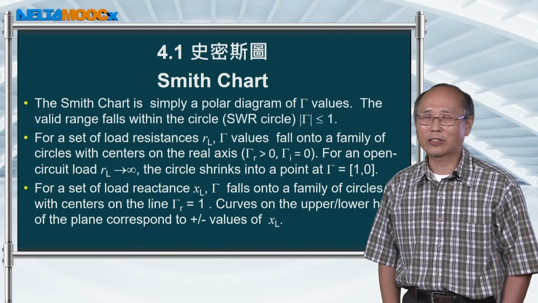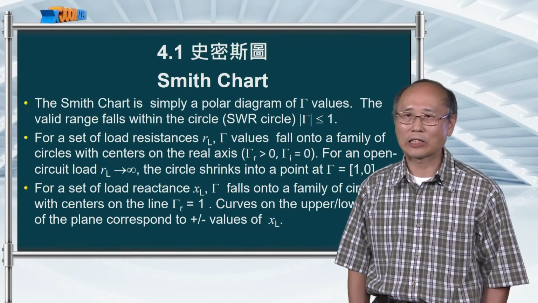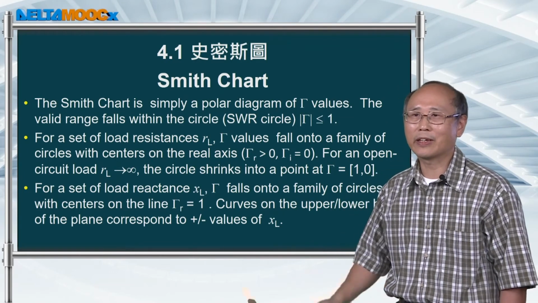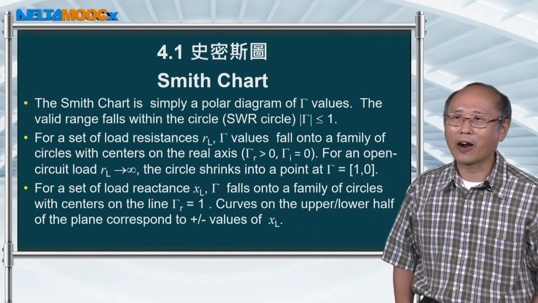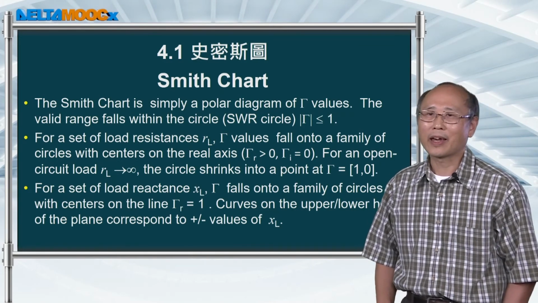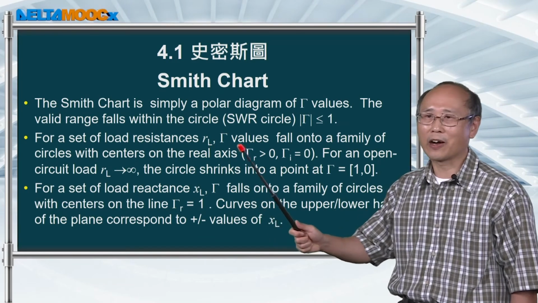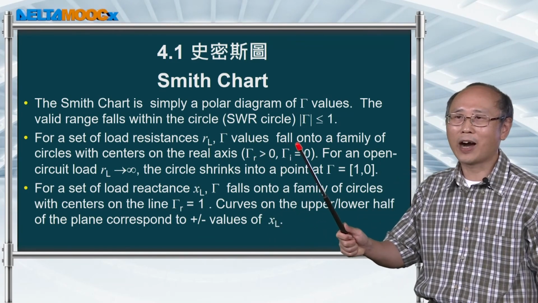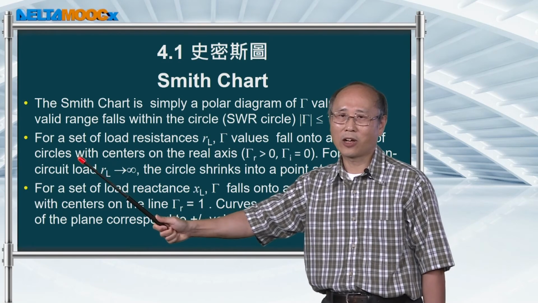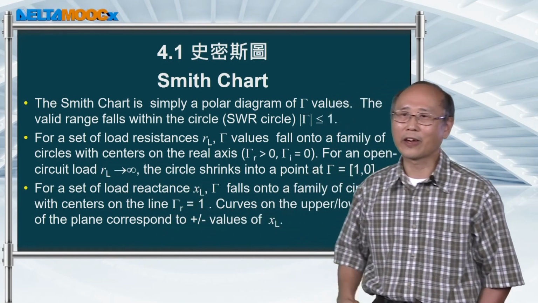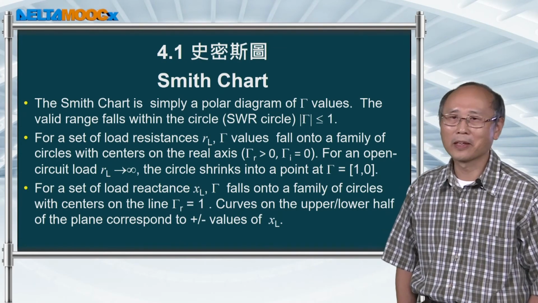So in this small section, we introduced what a Smith chart is. Basically, it's a polar diagram of gamma values subject to RL and XL. And for a given load resistance RL, gamma values fall onto a family of circles, and the centers of those circles are on the real axis of the polar coordinate system.